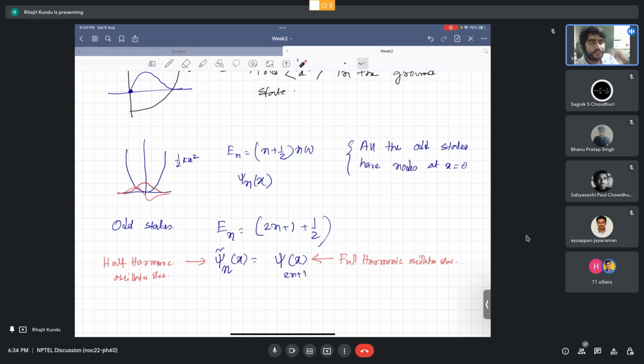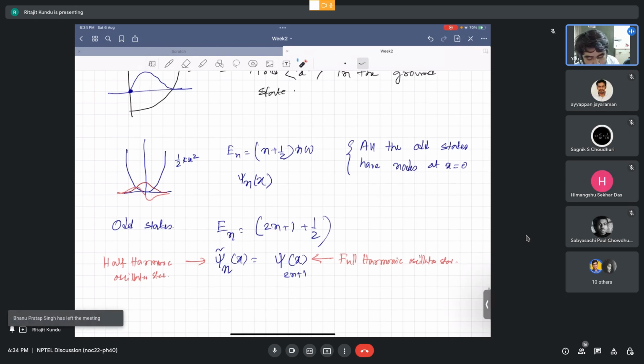Only the odd states are 0 at x is equal to 0, and these must be the solutions of the Schrodinger equation of this half harmonic oscillator. So this is very simple, as simple as that. Is this argument clear, or do you need a better clarification? Is this clear?